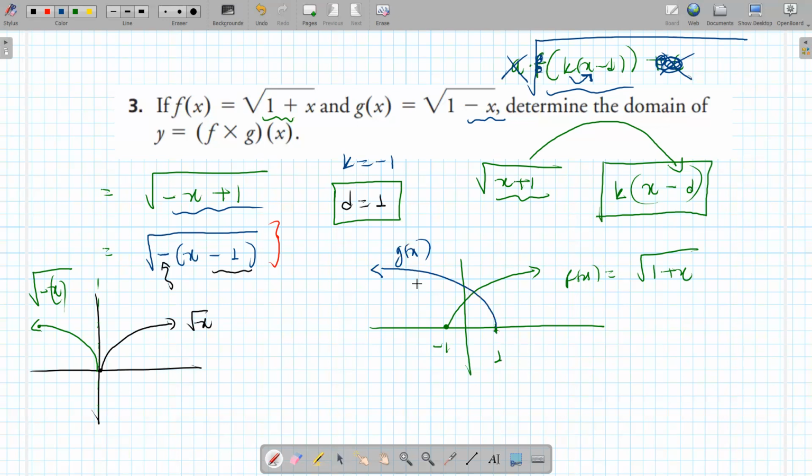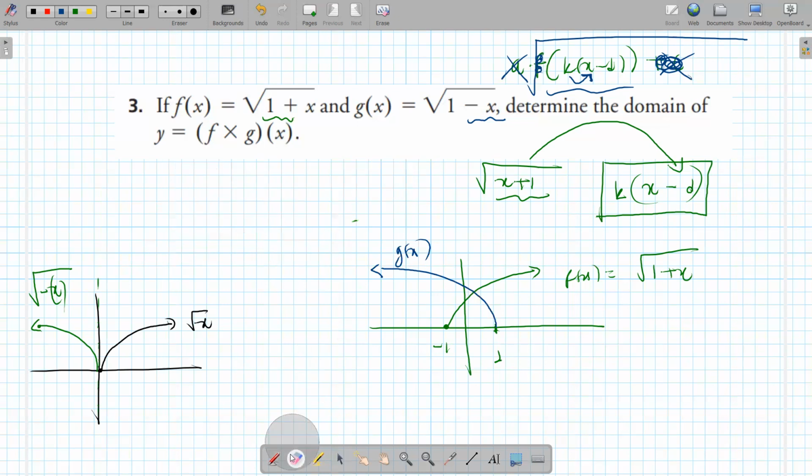Where do the domains intersect? Look at those two graphs. Where do the domains intersect? If you want to do this on a number line, f exists from -1 to positive infinity. This is for f. Whereas g exists from 1 to negative infinity.